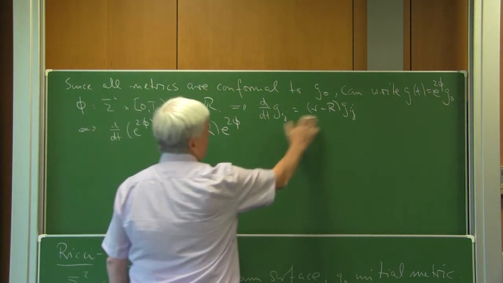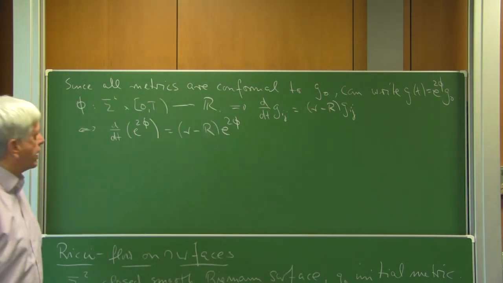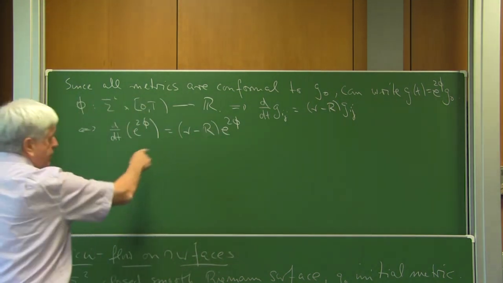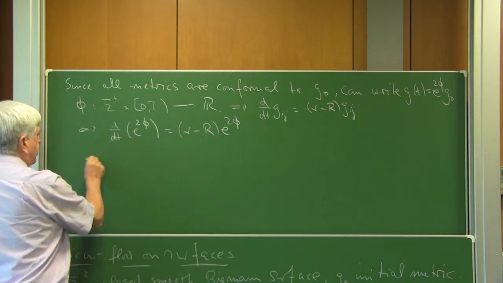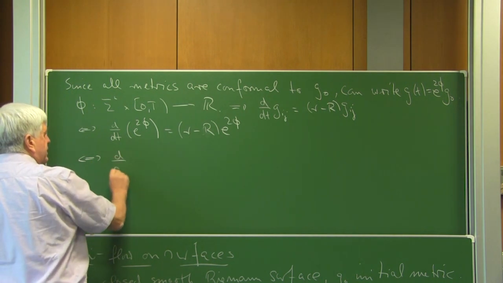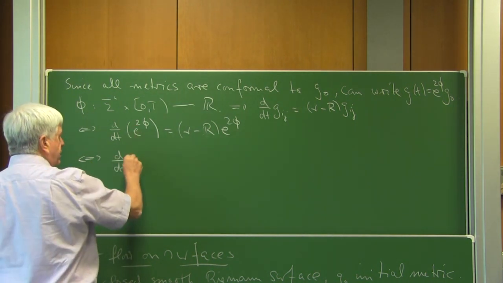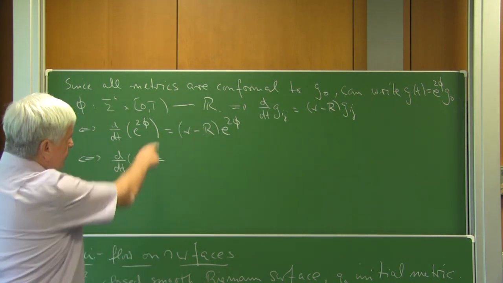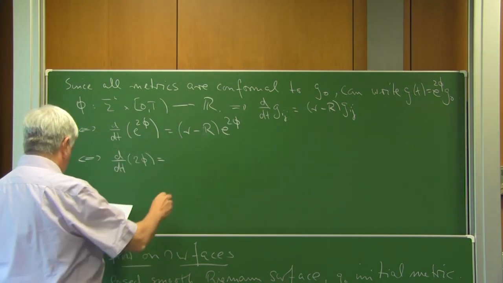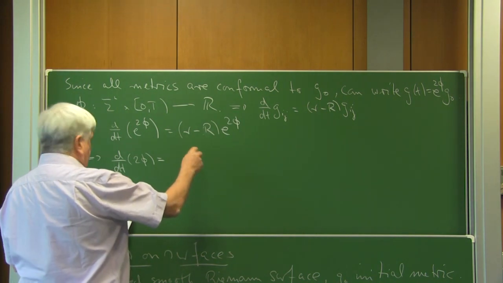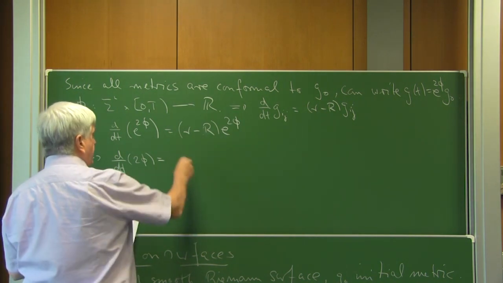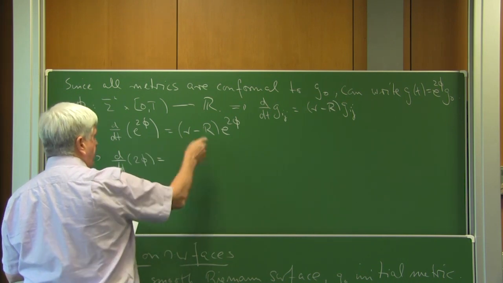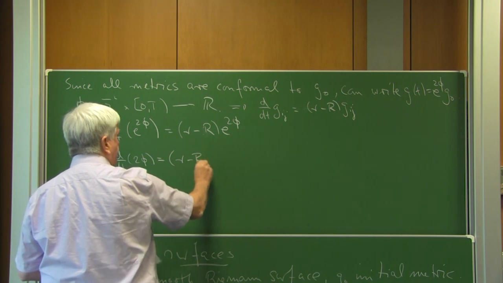Because this has to fit together, and this can then be translated into an evolution equation for φ alone. So this says that d/dt of the exponent 2φ has to be the same as on the right hand side, like taking the logarithm, so we get d/dt of the logarithm is then r minus R.